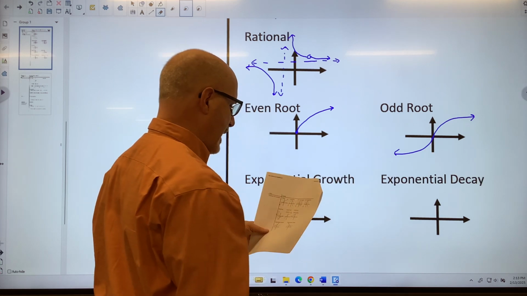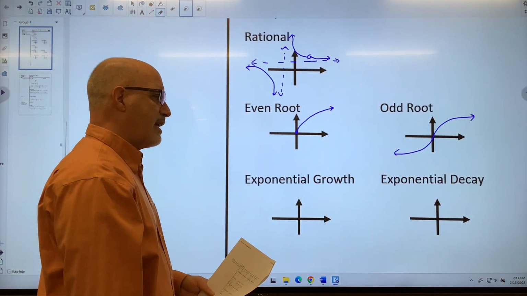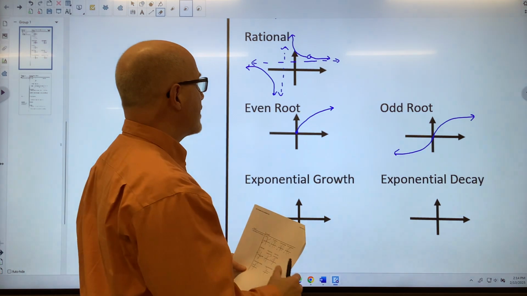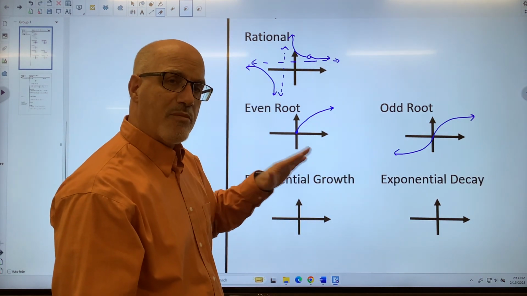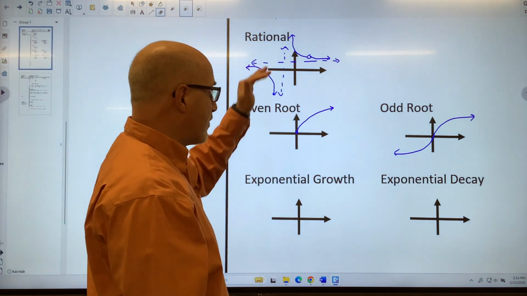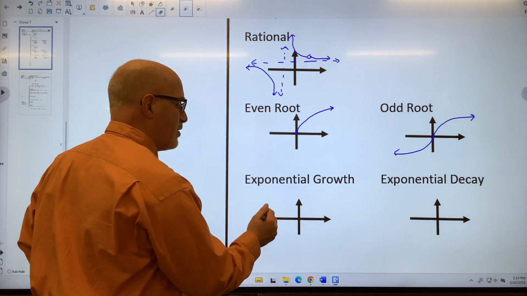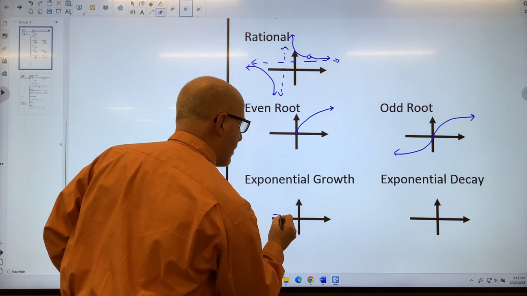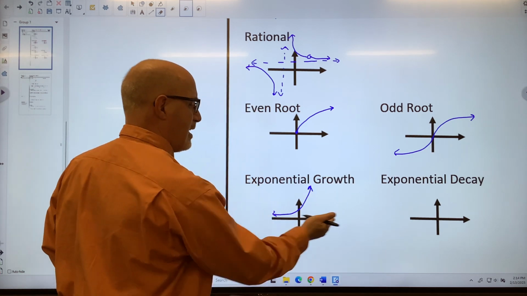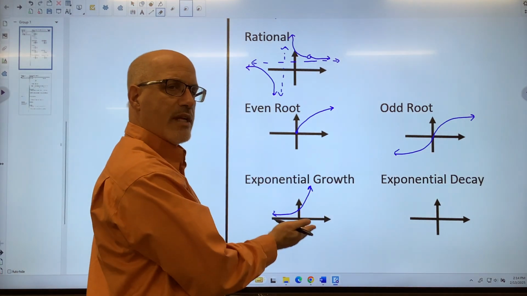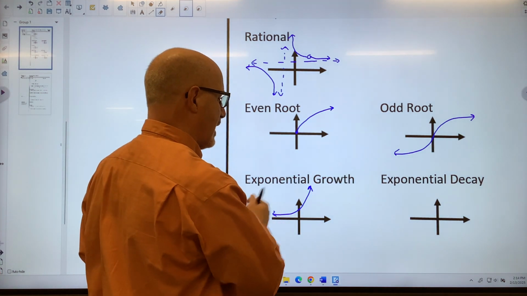Now, what we're looking at here is exponential growth and exponential decay. Exponential growth and decay will kind of look like rational graphs, but they're not the same. You've got to note the difference between these two. When I do an exponential growth problem, it does have an asymptote. Oftentimes it's the axis, or we can translate the axis as well for an asymptote.